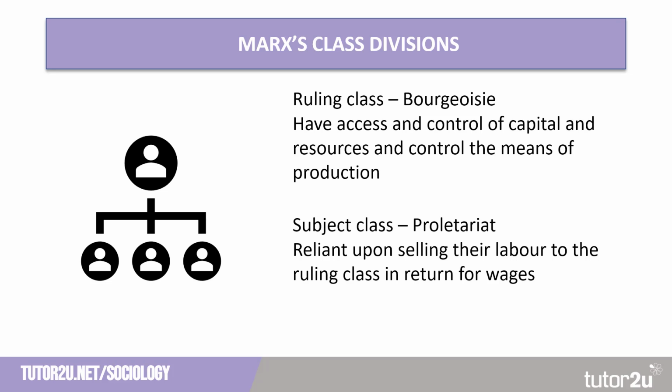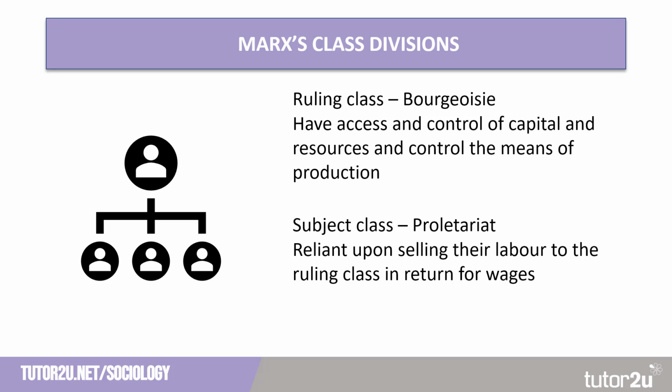In contrast, if you do not control the means of production and are paid for your labour, you are part of the subject class or the proletariat. This includes high-ranking managers who have control over others, and so creates a problem when looking at social stratification, particularly in the 21st century. Other approaches, including Weberian and neo-Marxist approaches, are critical of this simplistic definition.